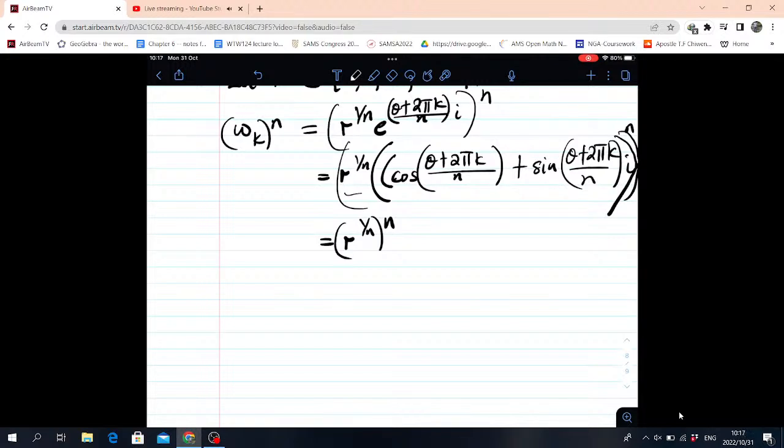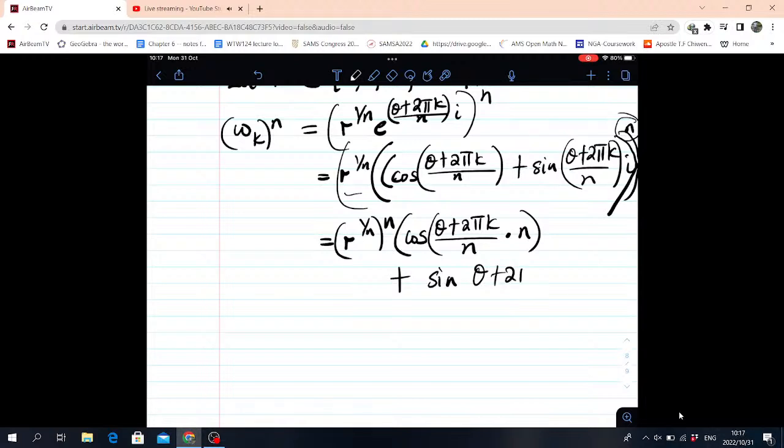And then inside the angle, what you're going to do is multiply by the power, and so you end up with cos of (theta plus 2 pi k over n) times n, plus i sine of the same (theta plus 2 pi k over n) times n.